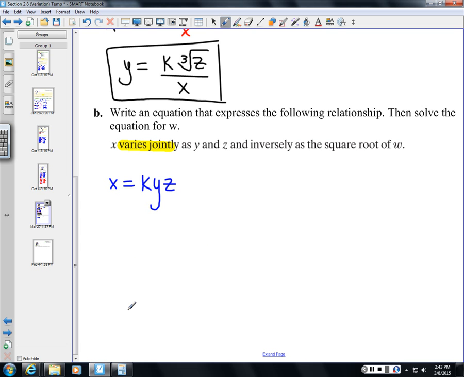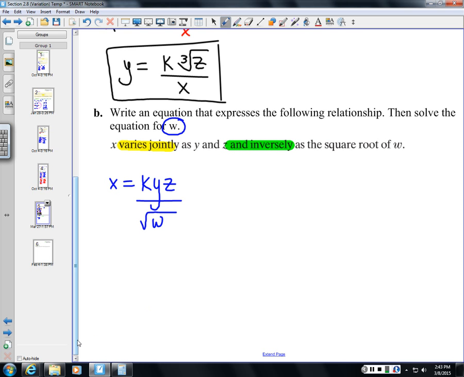It's just x varies jointly as y and z. And inversely. If it says inversely, that's where we divide, and whatever's behind that word inverse goes in my denominator. And it's a square root, not a square, but a square root of w.